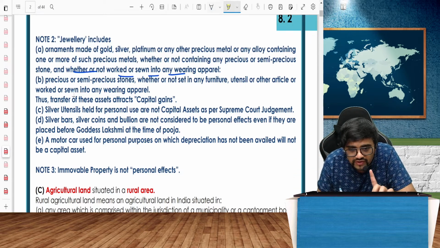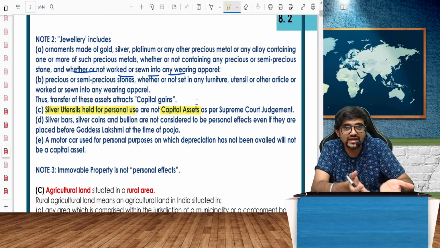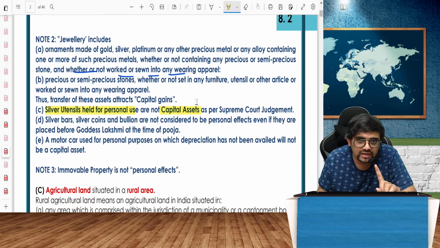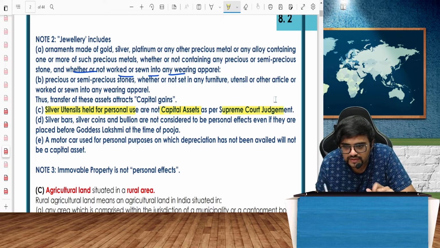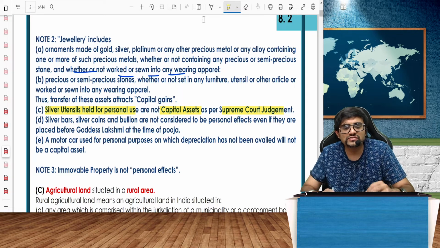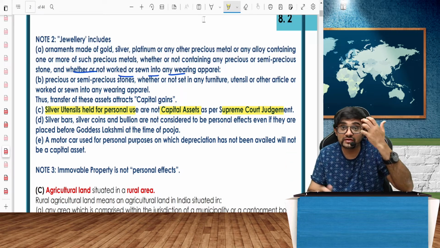But silver utensils held for personal use are not capital. When relatives come, your mother will show silverware. Take silver plate, eat. So that silverware is not a capital asset as per Supreme Court judgment. There was one Maharaja who kept silver bars and silver coins in front of Goddess Saraswati, and he was doing puja.